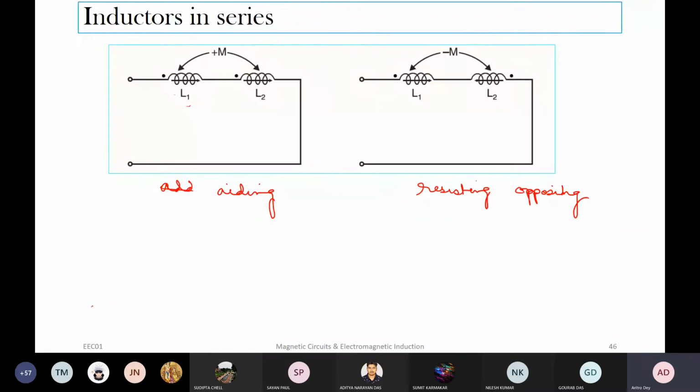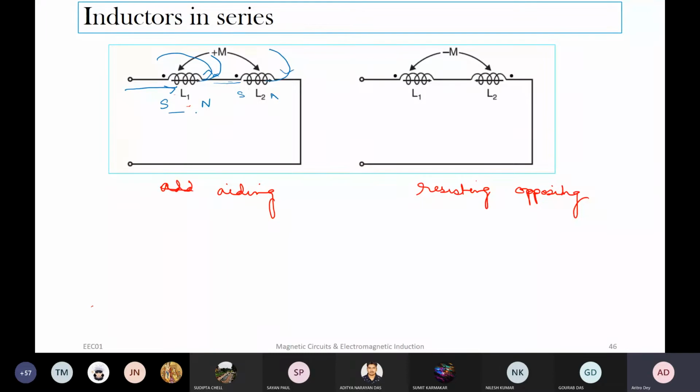It is aiding and opposing. We can write it because of the change of the flux and the direction of the current. If current is flowing through this, south pole will be produced, north pole will be produced, and the flux direction will be like this. In the same way, if current is going in the same way and it is wound in the same manner, then here also south pole and north pole will go like this.